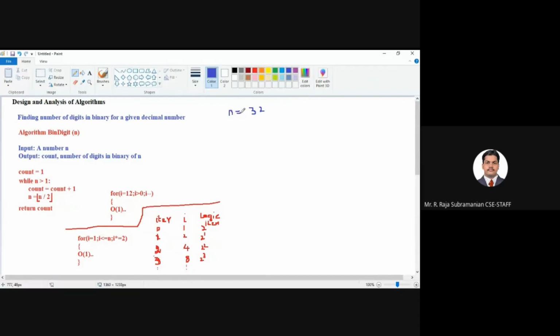Now if I take n is equal to 32, if I increment 1 by 1, 32 times it needs to execute. That is the normal thing, then I say O of 32. If it is not like that, if I begin from 1, and each time I say I star equal to 2, what will be my first one? 2 power 0, then 2 power 1, 2 square, 2 cube.